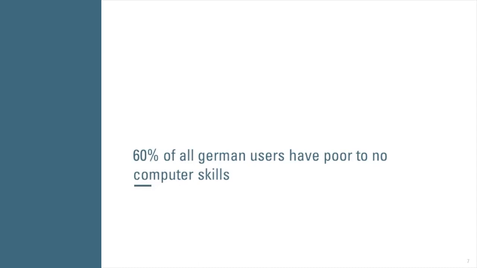This is a fact taken out of a study of the OECD, and they made a study from 2011 to 2015 about the computer skills of 16 to 65-year-olds. So it's not just the older user group, also 16-year-old to 30-year-old people. The digital natives have rather poor computer skills sometimes, and that has to be taken into account.